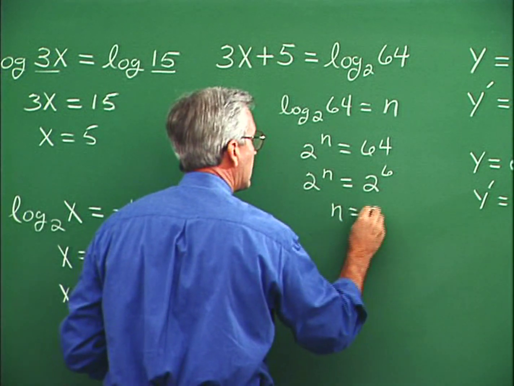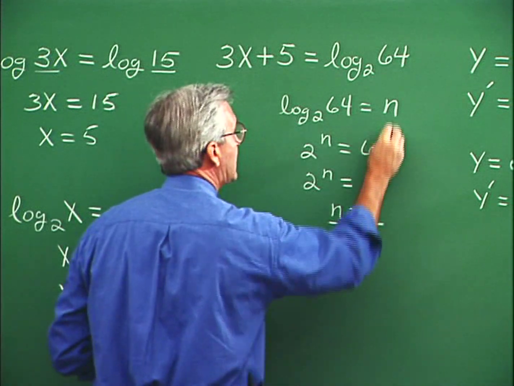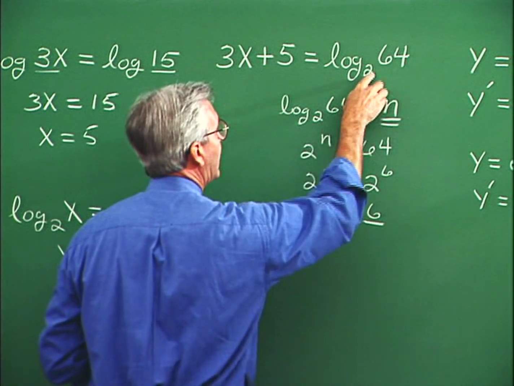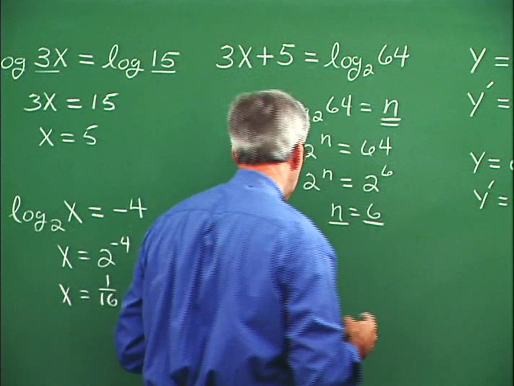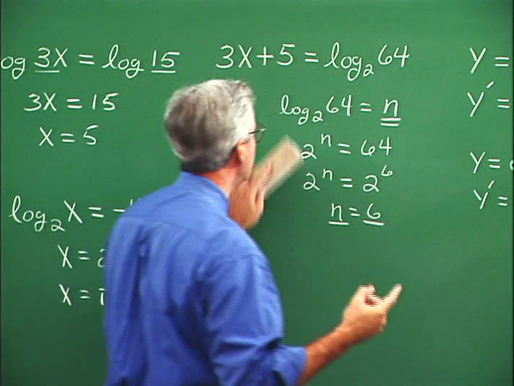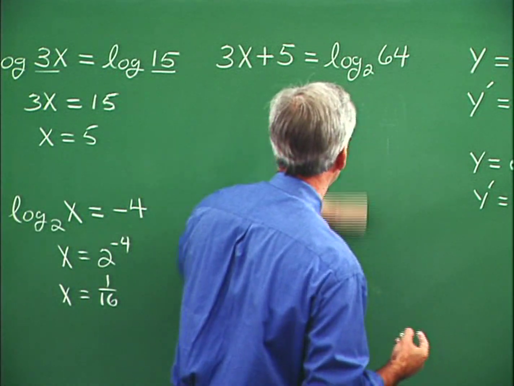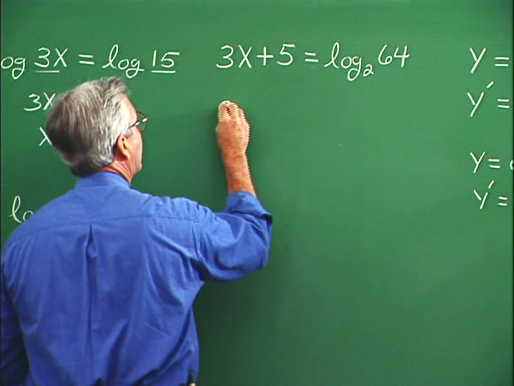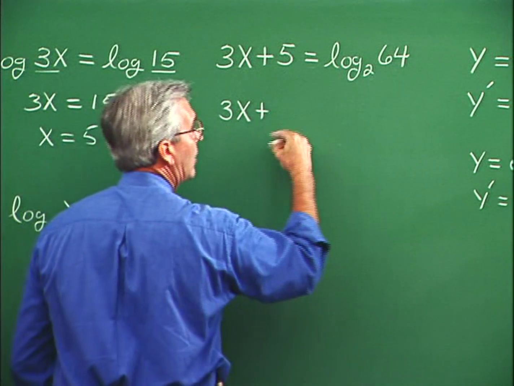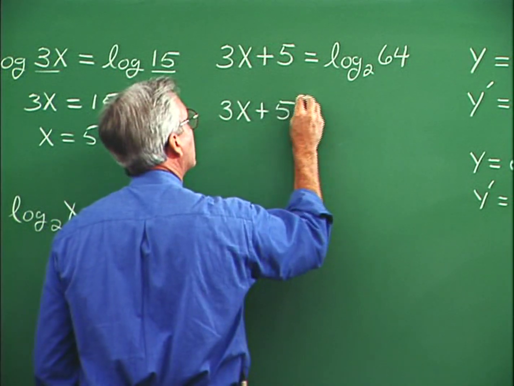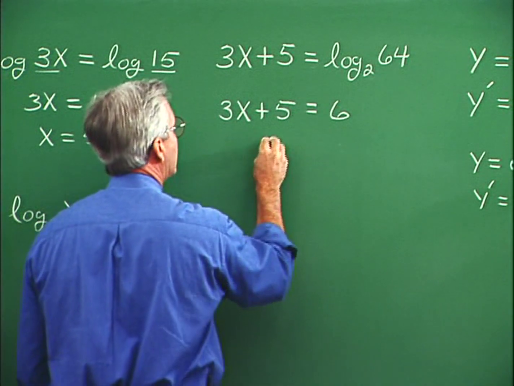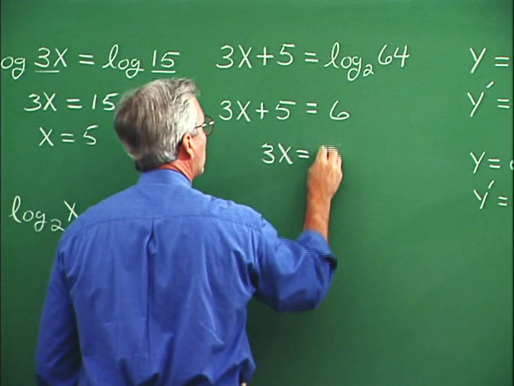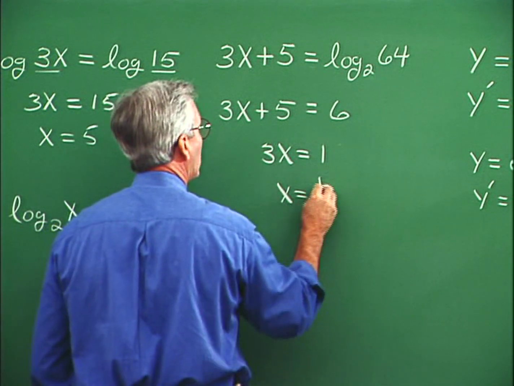So n then is 6. N was this business, so we can replace this with 6. That's just another technique in your mathematical toolbox for dealing with a problem like this. So after doing that off to the side, we rewrite this as 6, and then 3x equals 1, x is 1/3.